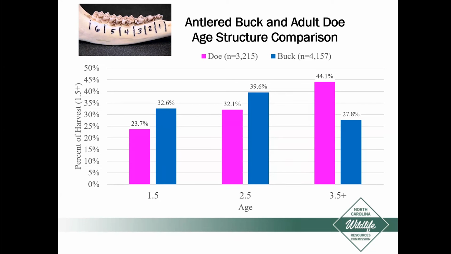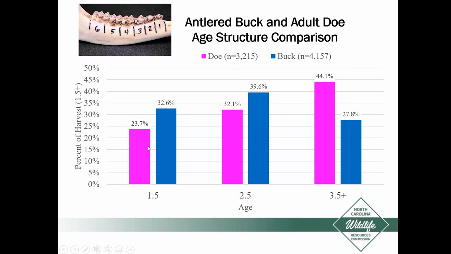So what's going on here tells us that our death rate for bucks is a good bit higher than it is for our does. Bucks can have higher natural mortality rates, but probably the bigger factor here is hunter harvest. And we do put more harvest pressure on the male segment of the herd than we do the females, despite the fact that we have a 2 buck limit and a 4 doe limit across the state.